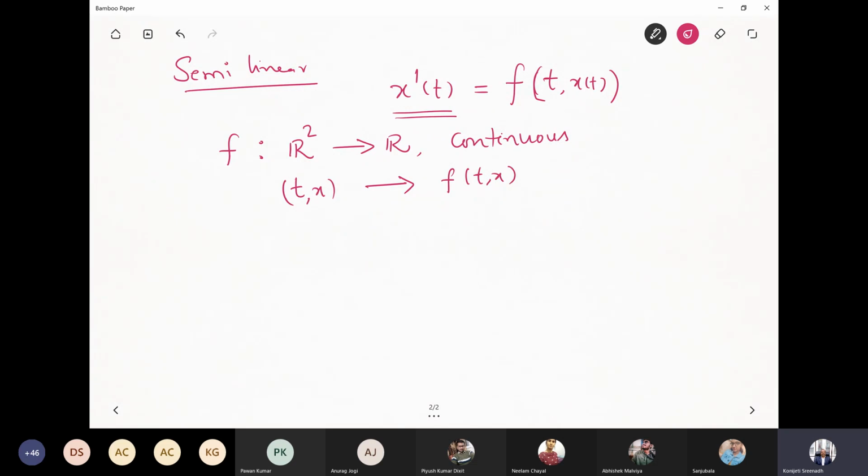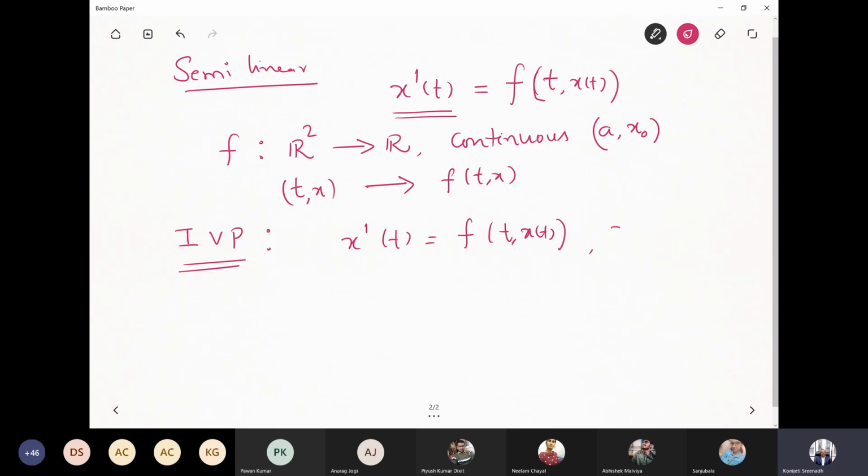You can assume it around a point, say a comma x naught, and then we want to ask whether such an equation can be solved. So let us start with an initial value problem related to this. The initial value problem looks like x prime t equals f t comma x t. I'm not going to write x t all the time; whenever I use x, it is a function of t.